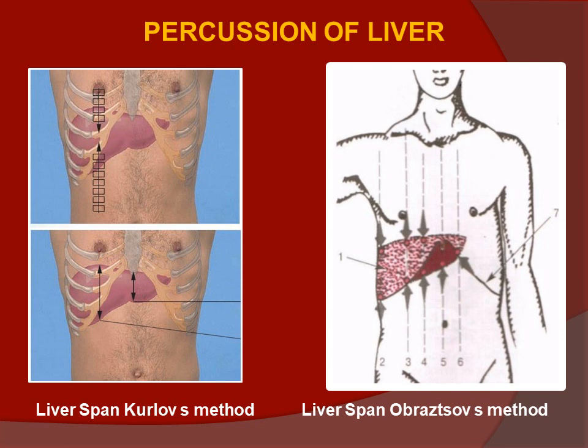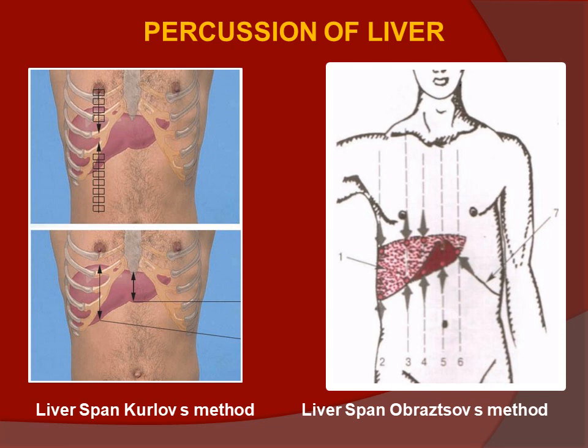Quiet percussion is used to determine the absolute liver dullness. The direction of percussion is from top to bottom along the vertical lines, as in determining the borders of the right lung. The found border for each vertical line is marked on the skin by the upper edge of the pleximeter finger.